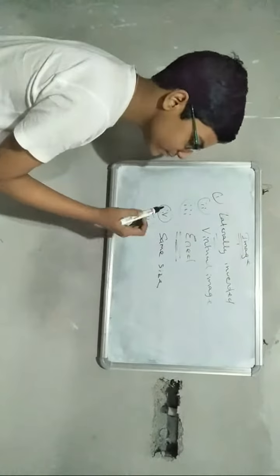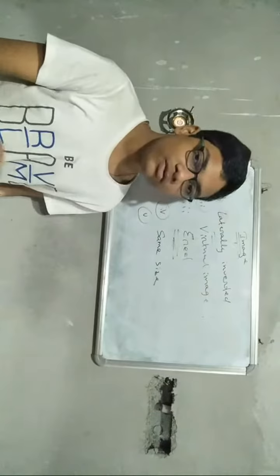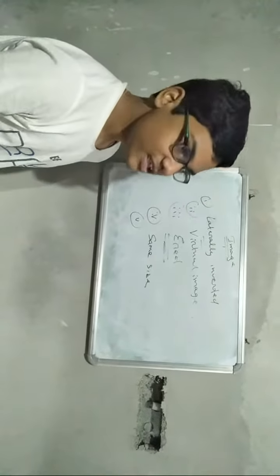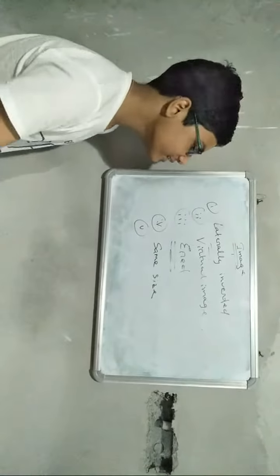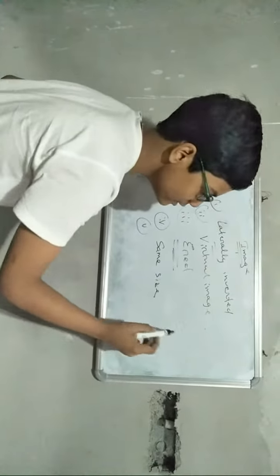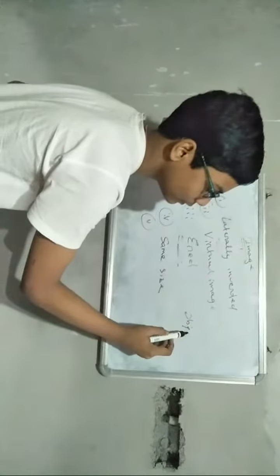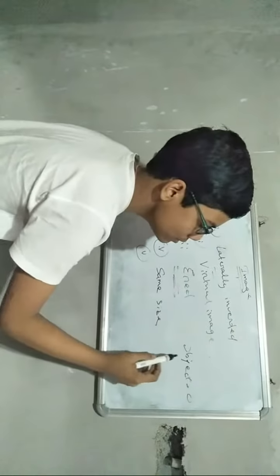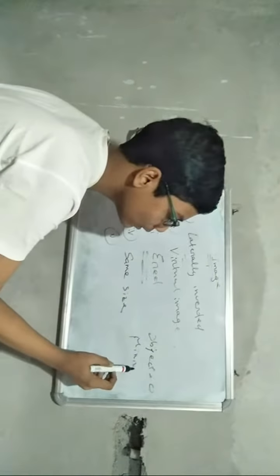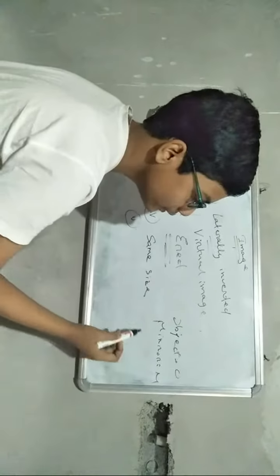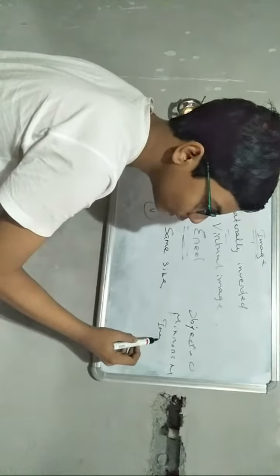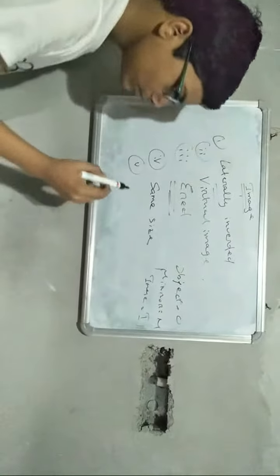And the fifth one is that the distance between the image and the mirror is equal to the distance between the object and the mirror. If I denote object as O, mirror as M, and image as I, it will be easier.